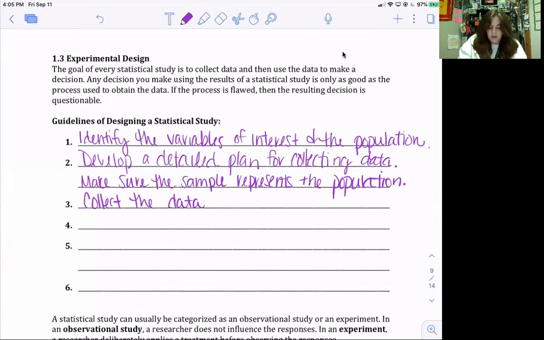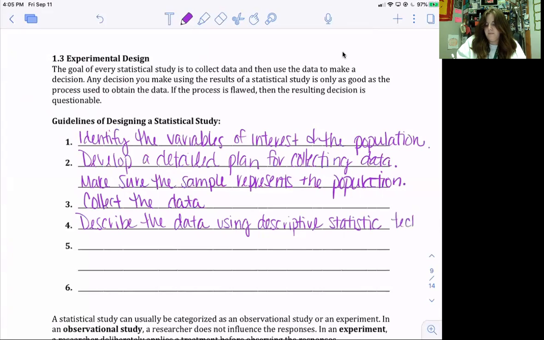Fourth one, we're going to describe the data using descriptive statistics techniques. All right, we are going to talk primarily about describing the data in chapter 2.